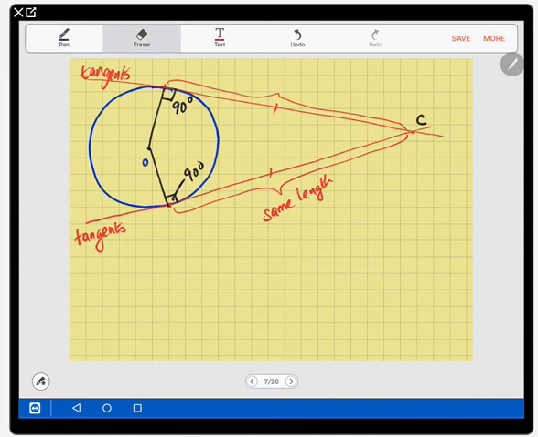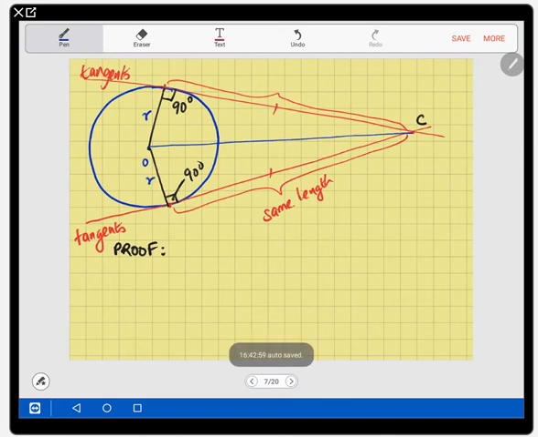Now I want to prove what I just explained. To do this, let me draw a line here in the middle. We know this is R, the radius, and let me call this length here X. So what is this length?